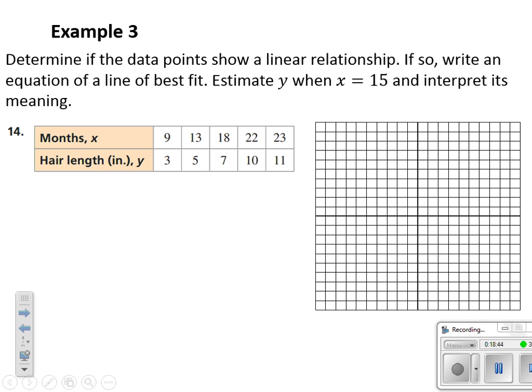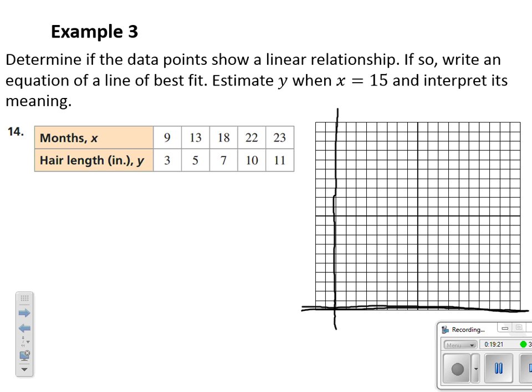So my x-axis is measuring months, and you'll see they're all positive. And I need it to go up to 23. So if I'm setting up my x-axis here, I may want to adjust it so that I have a little bit of room off to the left. I'm just going to draw a new set of axes here. And the hair length, I don't think our hair is going to retreat back into our head.